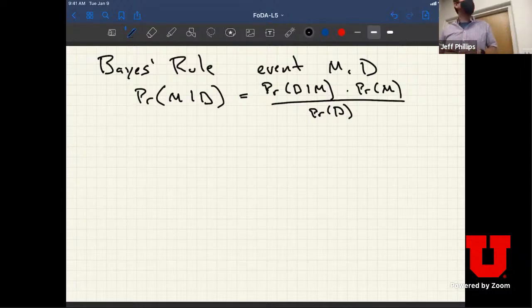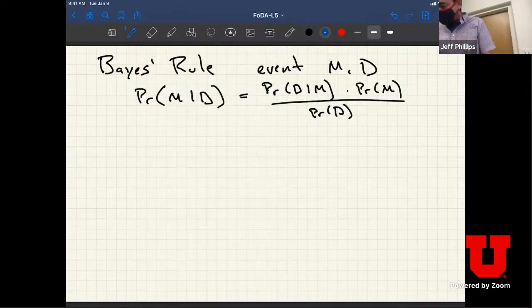I try and avoid this, but PR is a little bit more clear, so that's what I would prefer. But I don't think you'll get marked off if you just use a P. If later on it gets confusing and you're using P for a random variable, then you want to distinguish between these things. In fact, we'll actually see this with a lowercase p in just a second.